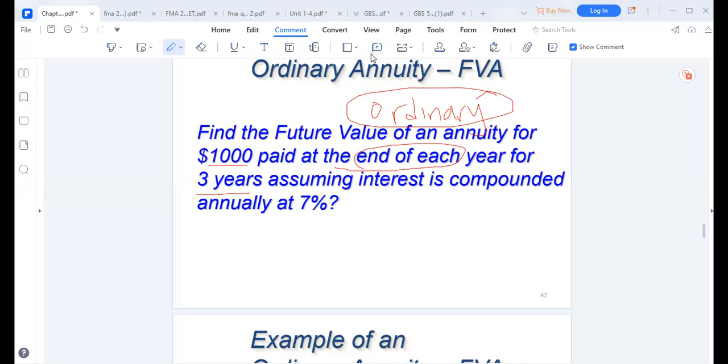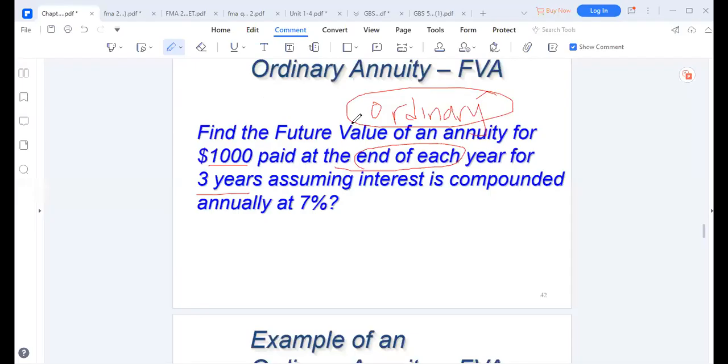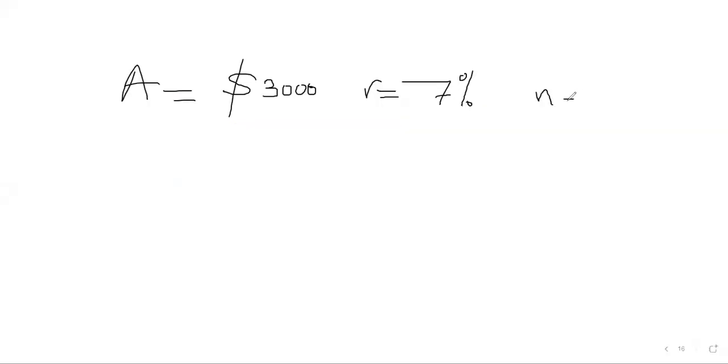So on the solution, we say the amount is $3,000. Then we have our R, which is 7%. Then how many years are we told? Number of years here is 3 years, so N is 3.